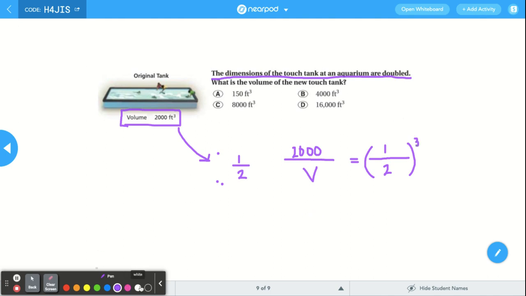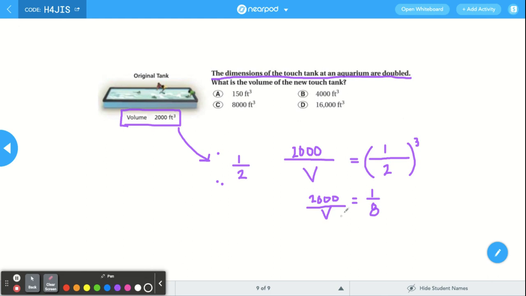All right, so let's do the simplification first. I'm going to cube the right-hand side before trying to solve for V. Let's see, 1 cubed is 1 times 1 times 1. 2 cubed is 2 times 2 times 2. So 2000 is to V as 1 is to 8.